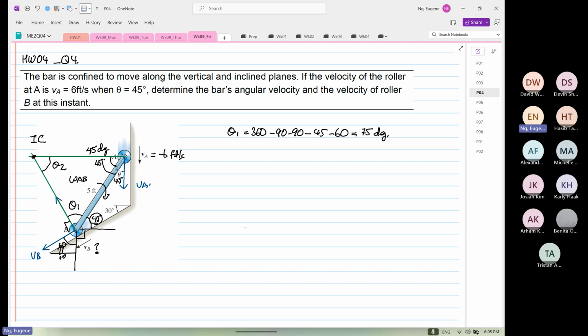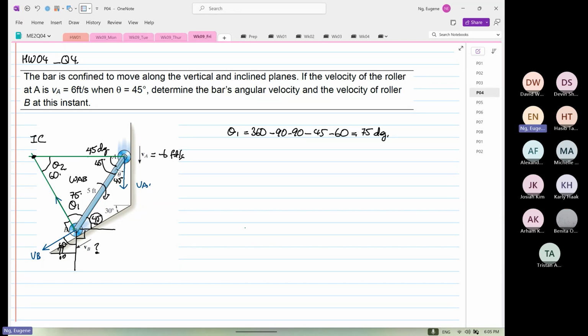Am I right or wrong? Yes, so this is 75 degrees. If that is 75 degrees, 180 minus 75 minus 45, this is 60 degrees. Okay, let's try it out. I'm getting excited. I'm not going home tonight. If you want to go home, you go home, okay?